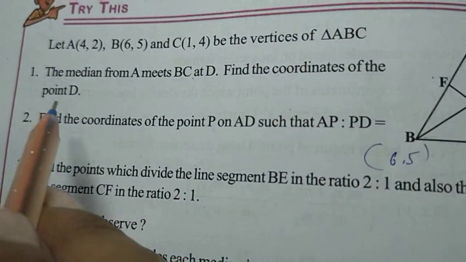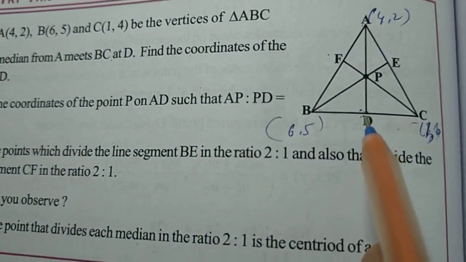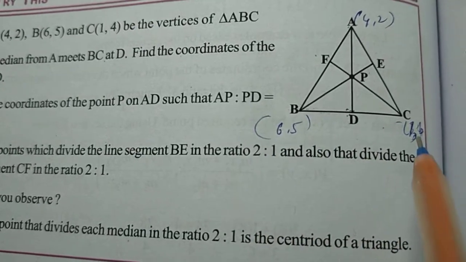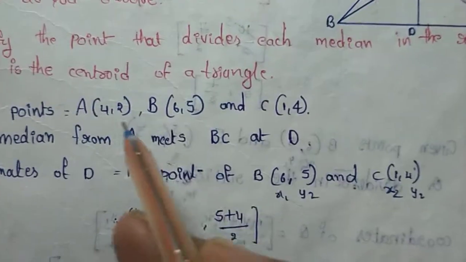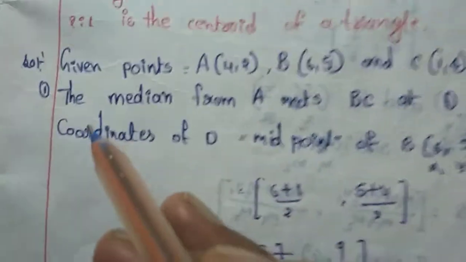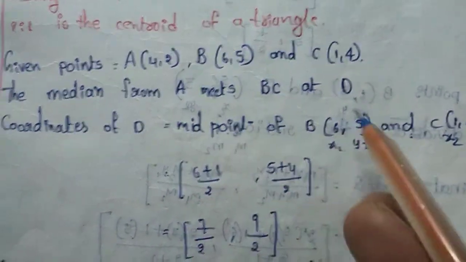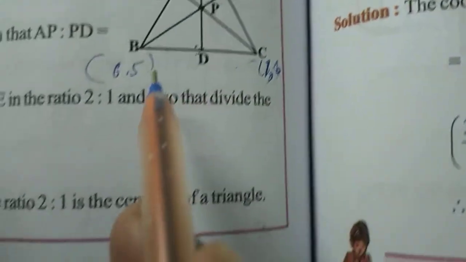Find the coordinates of D. D is the midpoint, so (6 plus 1) by 2, (5 plus 4) by 2. Given points A, B, C, the median from A meets BC at D. Coordinates of D equal the midpoint of BC.